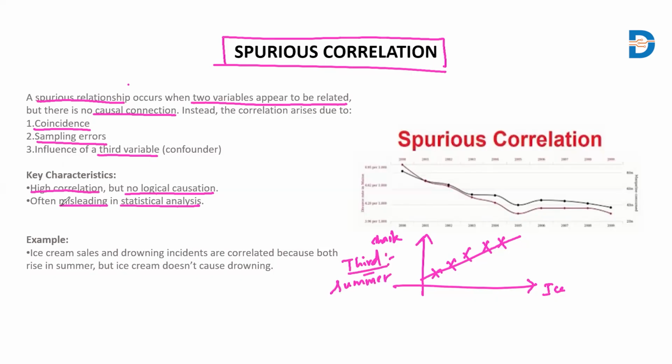Due to summer, people like to eat more ice cream, and due to summer, sharks usually come out to stay warm, so shark attacks also increase. So there is an influence of a third variable, and that's why ice cream sales and shark attacks appear correlated. This is what is called a spurious correlation.